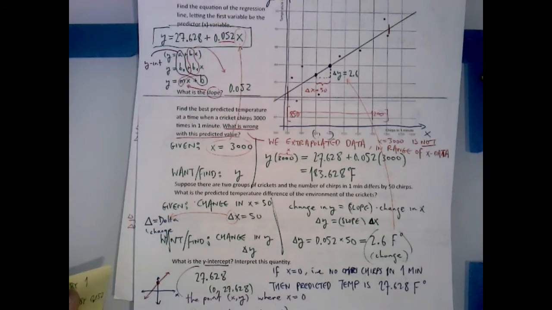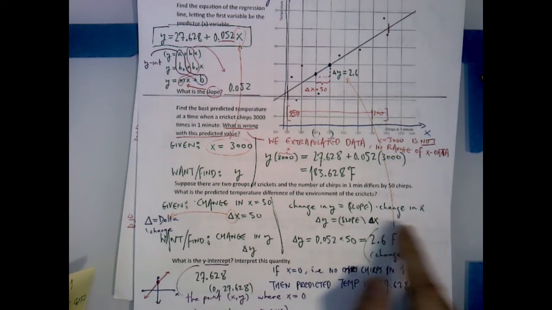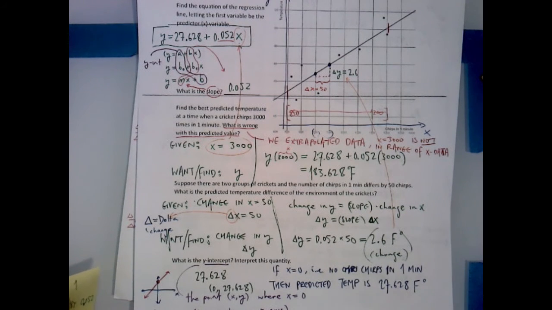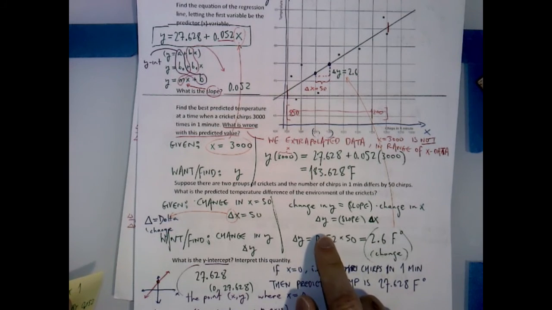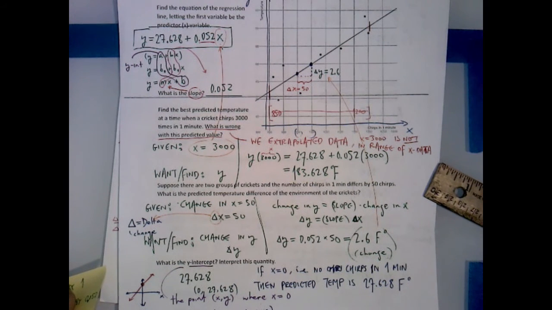By that rise over run formula, the change in y is really just the slope times the change in x. Remember, slope is change in y over change in x. I'm a little bit frozen. That's not good.